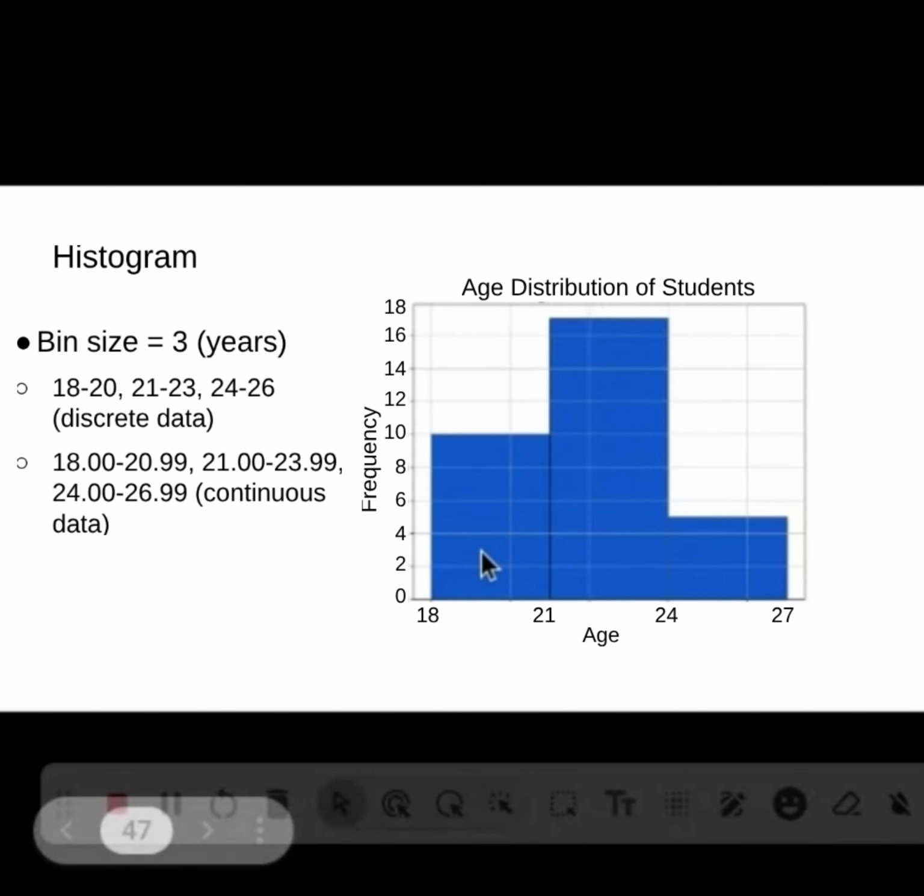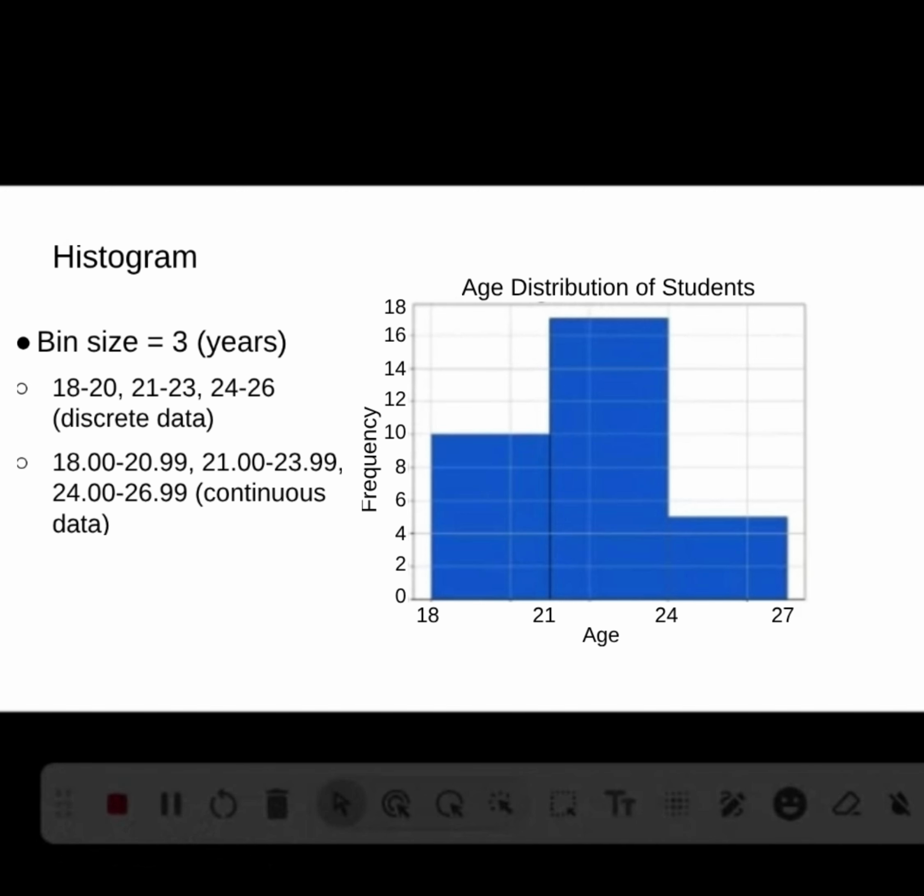The width of each bar reflects the bin size, which in our case is 3. 18, 19, 20, 21, 22, 23, 24, 25, 26. And again, the y-axis shows the frequency. This is the correct way to make a histogram for continuous data, which covers all the values on the x-axis continuously.